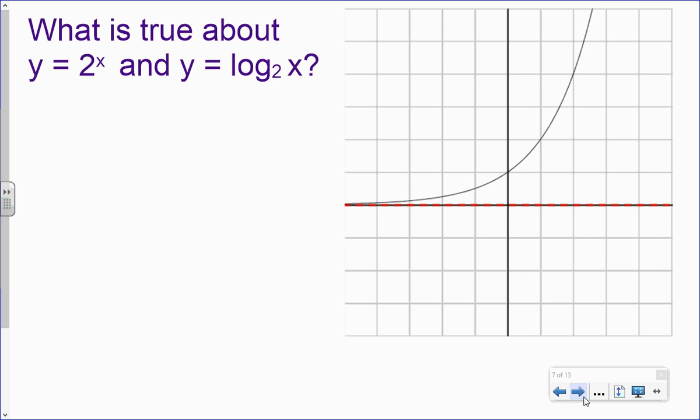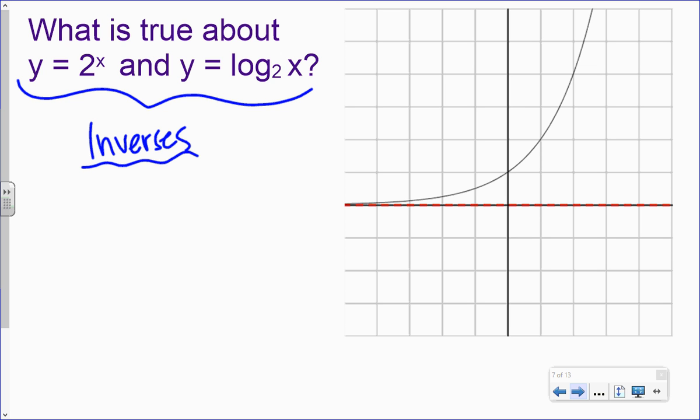We are going to use that relationship to come up with our parent graph and any other parent graph that we talk about with logarithms. So, let's remember what we know about inverses.